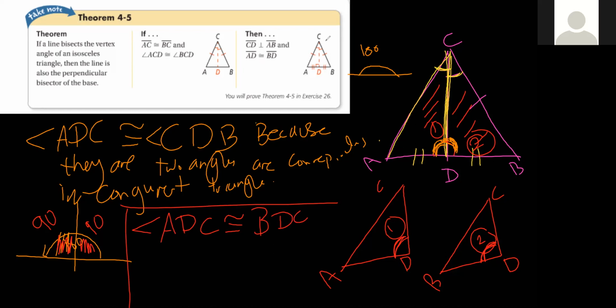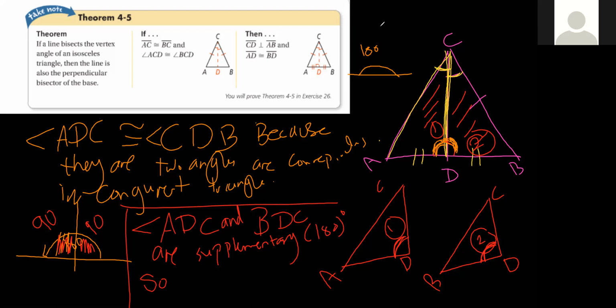Oh no, sorry, not congruent. ADC and BDC are supplementary angles. Supplementary, that means they are 180. Teacher, do we write this in the exam too? No, this is exercise 26, number 255.